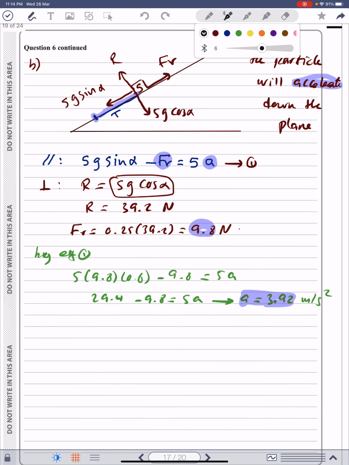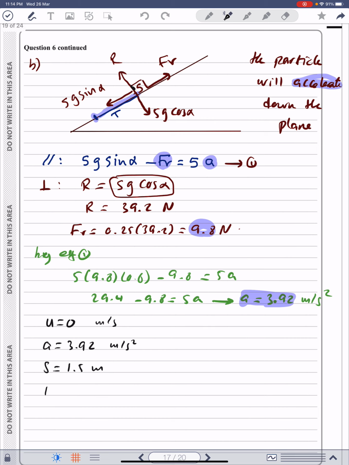Now, what do we have? The particle is released from rest. We move to SUVAT now. It accelerates down the plane at 3.92 meters per second squared, and it moved 1.5 meters. He wants t.